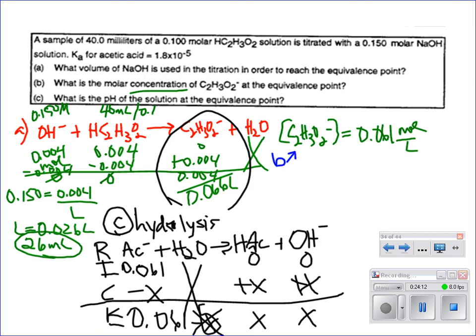We have a problem though. What's our problem? Correct, we need a KB and we only have a KA. So we're going to take 1 times 10 to the negative 14th, and we're going to divide it by the KA of 1.8 times 10 to the negative 5th, which is found in the problem right there. Set that equal to X squared over 0.06, 0.061 actually.